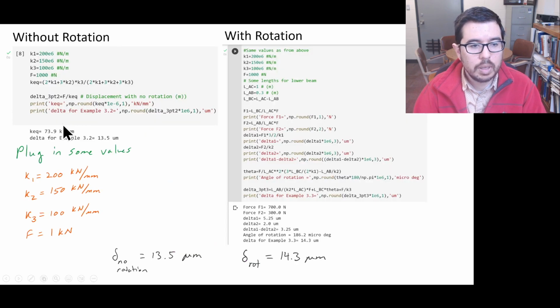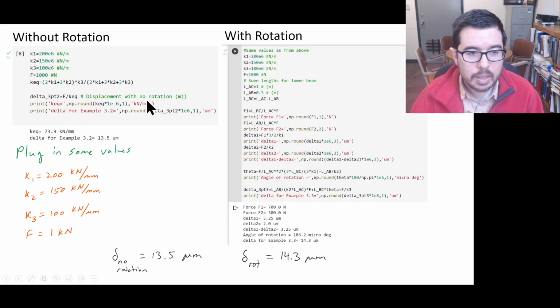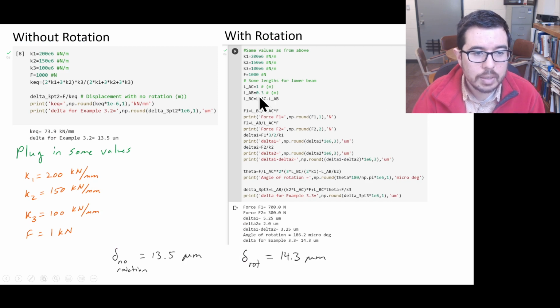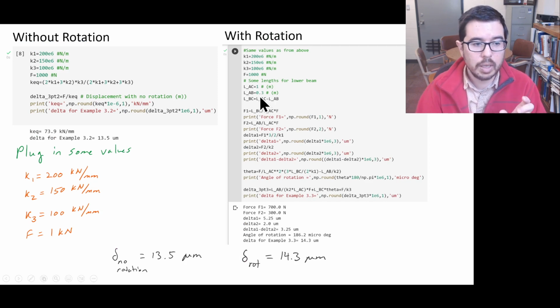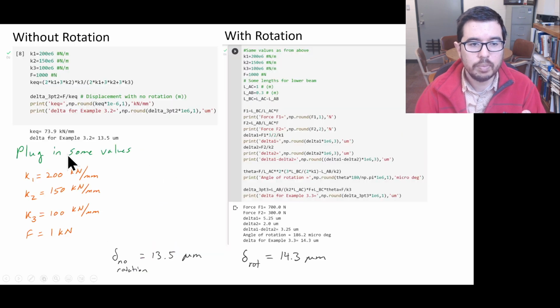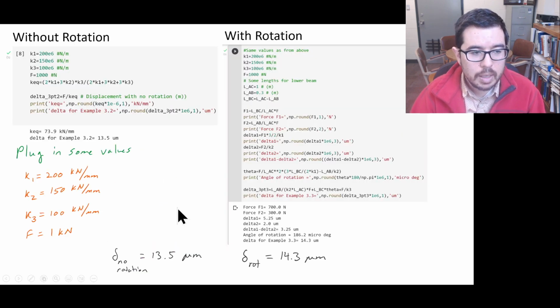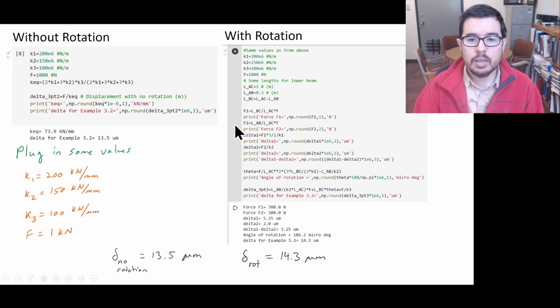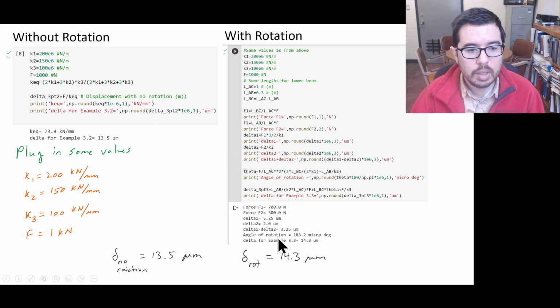That will not be super obvious, but if you look in this code, what I did is I said LAC is 1 meter, and then LAB is 0.3 meters. And if we run things again, looking at the code and running it, the displacement we get at the end is 14.3 microns. It's not that different than what we had the first time, where we had 13.5 microns.